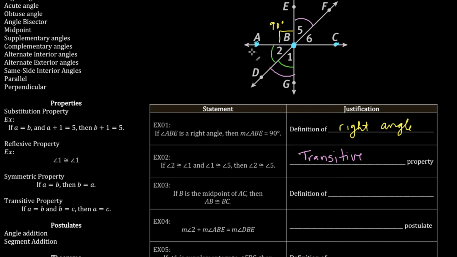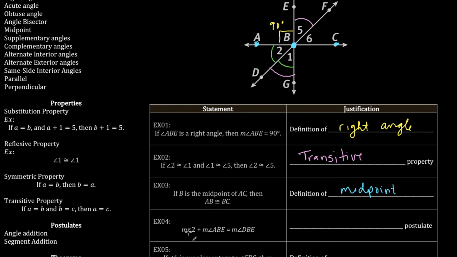So this is a midpoint which breaks this up in half. So that means AB is congruent to BC. That's just the definition of a midpoint. It splits it in half. And if you look over here, there's midpoint, definition of midpoint.